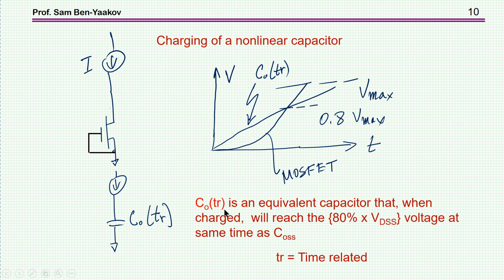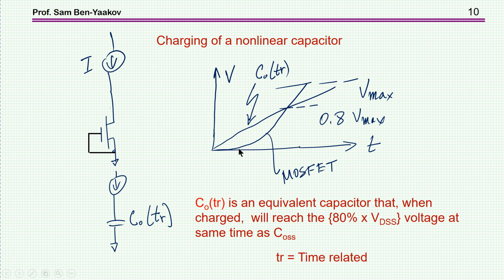This is an equivalent capacitor that, when charged by a current source, this is the equivalent capacitor, this is the transistor, will reach 80% or 0.8 of VDSS at the same time as the transistor.